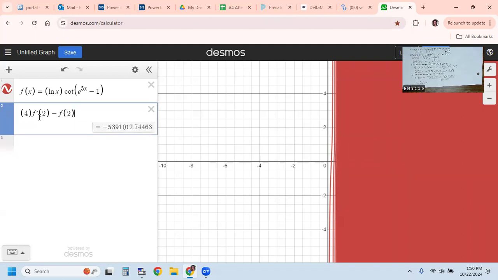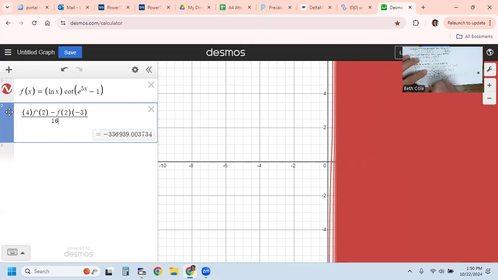Look at your table and find g prime of 2. Negative 3, good. Then highlight the whole thing and hit your fraction bar. We want it over g of 2 squared. What was g of 2 again? 4 squared is 16. And then that's your answer. Again, 3 decimal points. I apologize, it's weird, I just made up numbers, so it came out weird.